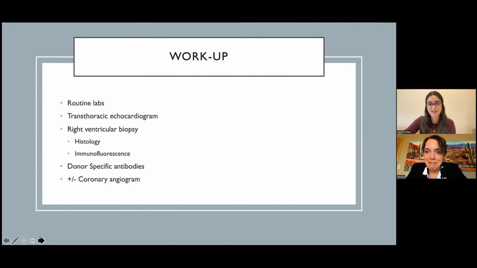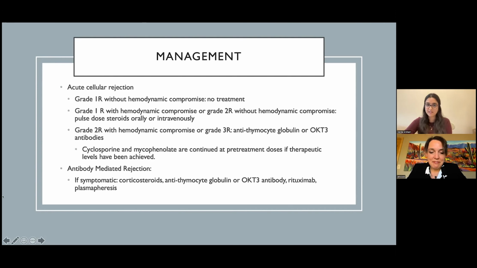And then management is going to depend on the grading that we see. In acute cellular rejection, if it's grade 1R without any kind of hemodynamic compromise, these are patients that we'll usually monitor and they won't undergo any further treatment. Grade 1R with hemodynamic compromise or grade 2R without compromise, those are patients that will generally get pulse dose steroids either orally or intravenously.